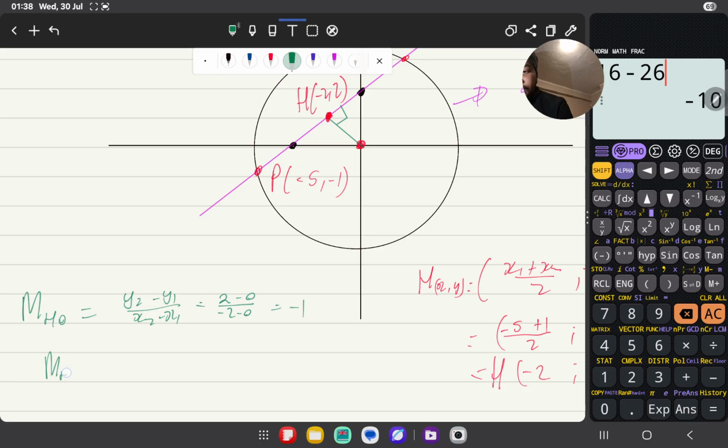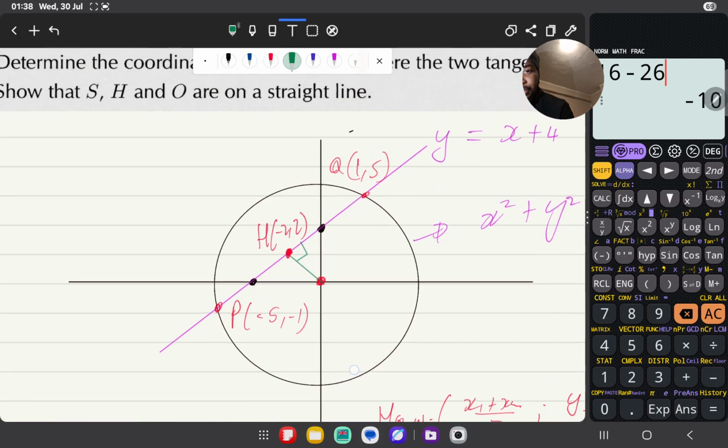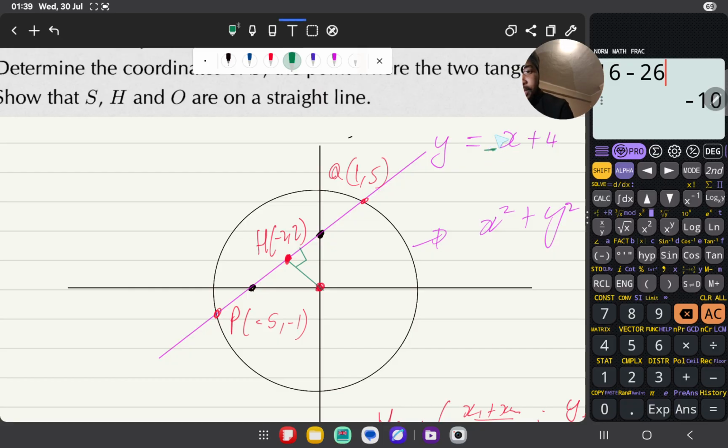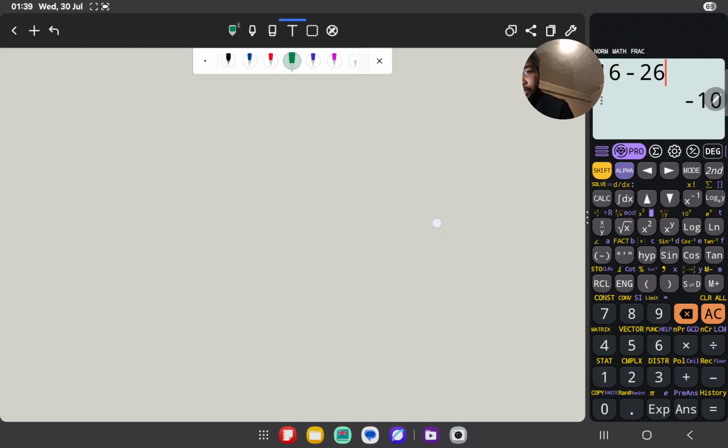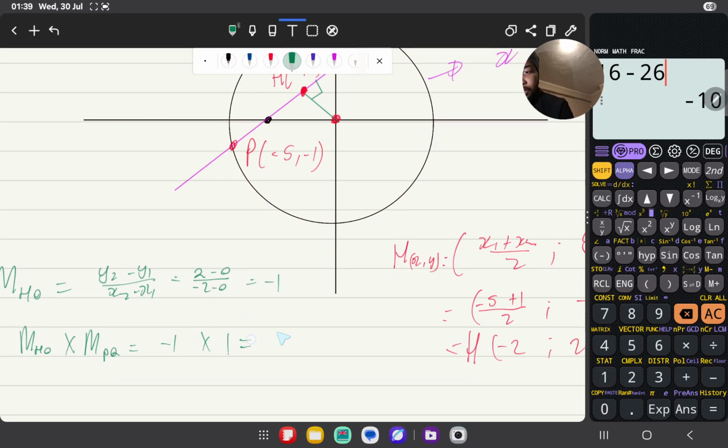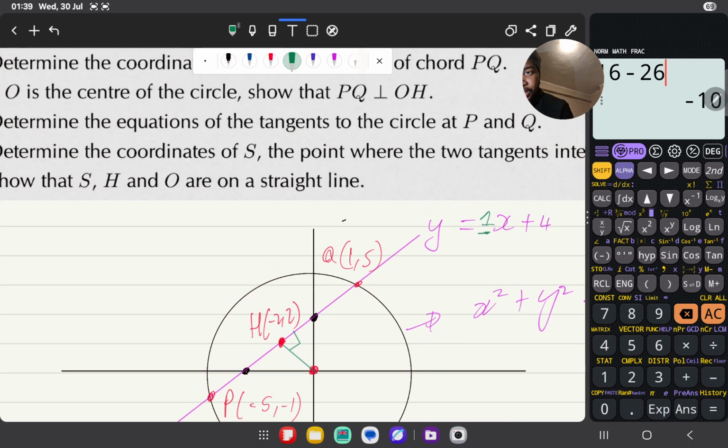Then the gradient of HO multiplied by the gradient of PQ is minus 1 multiplied by 1, giving minus 1, and therefore HO is perpendicular to PQ.